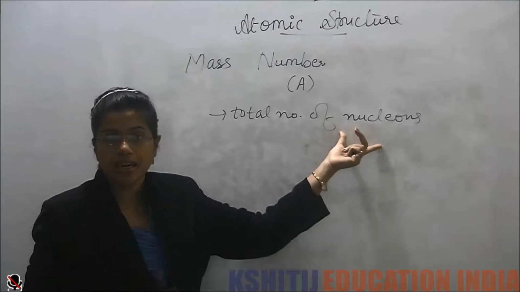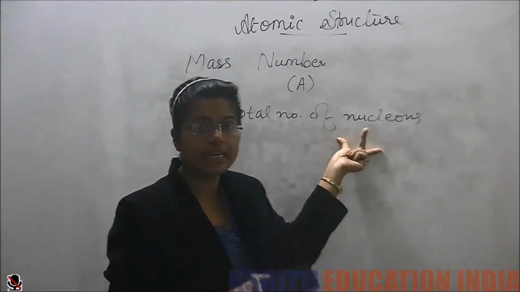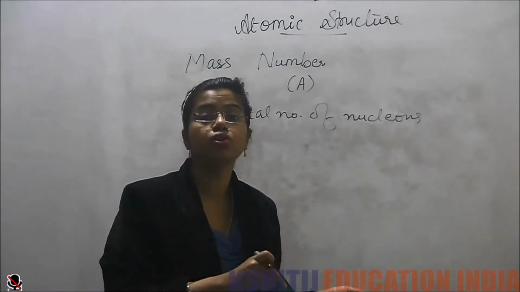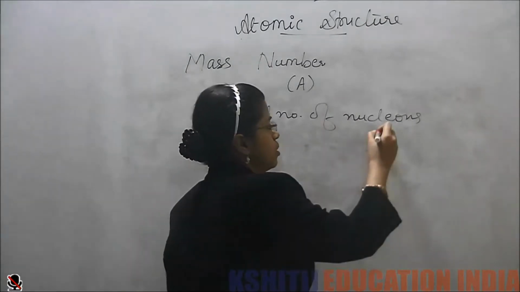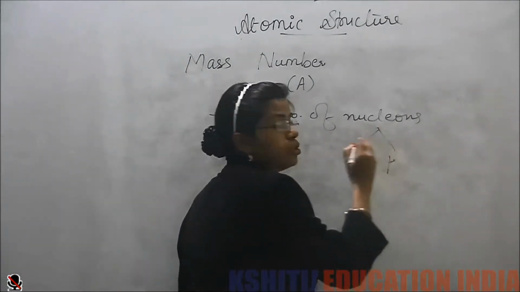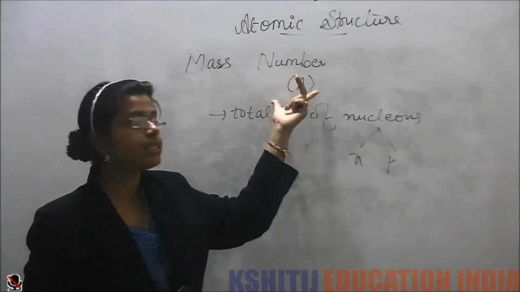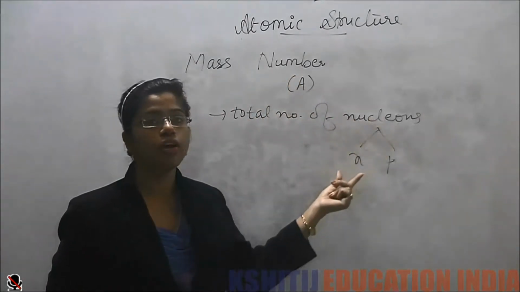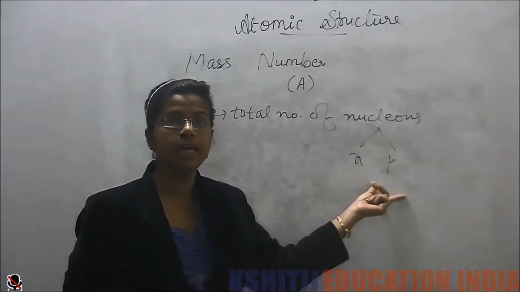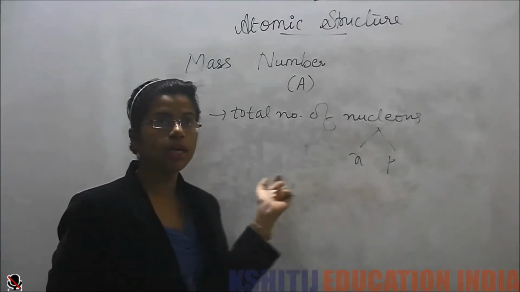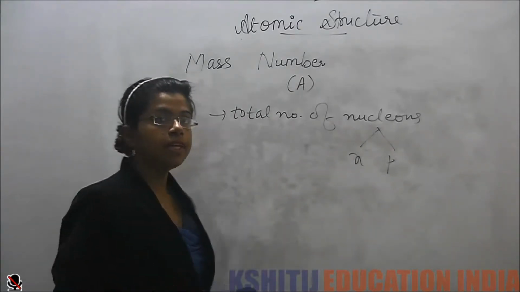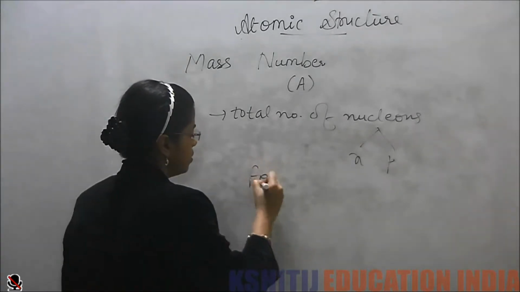Nucleons is a term which is used for the collective representation of neutrons and protons. So you can also say that mass number is equal to the total number of neutrons and protons in any atom. Okay? For example, if you take the case of iron.